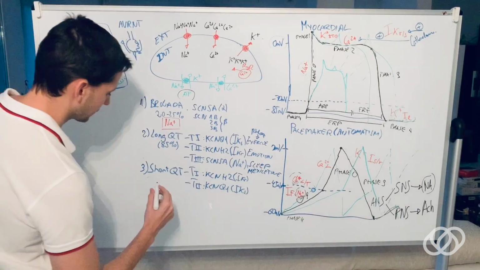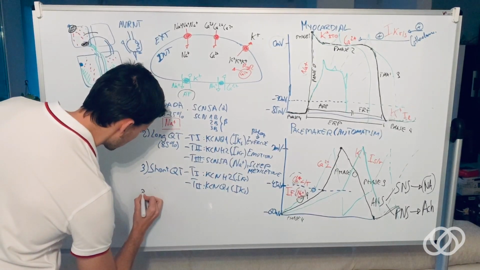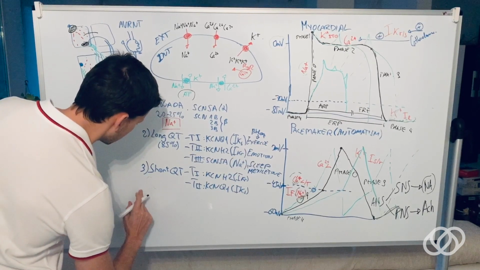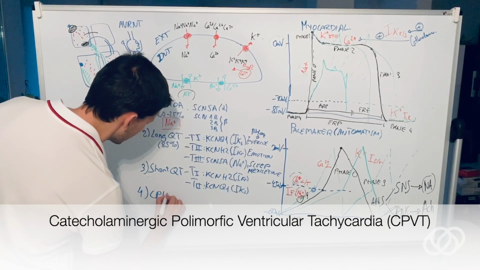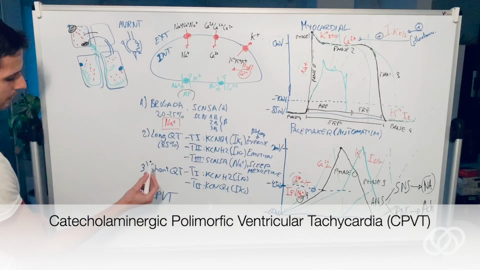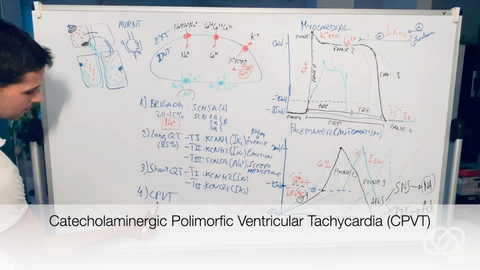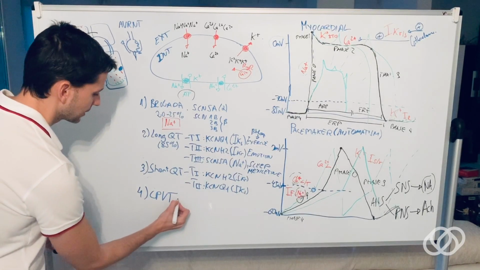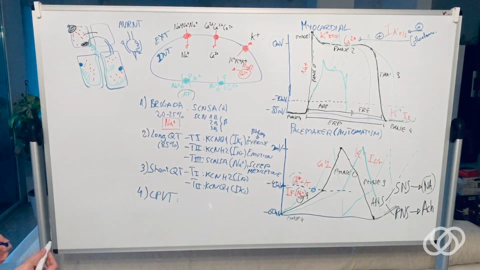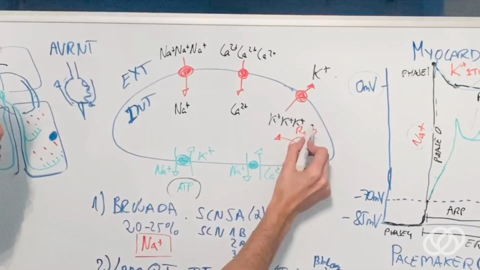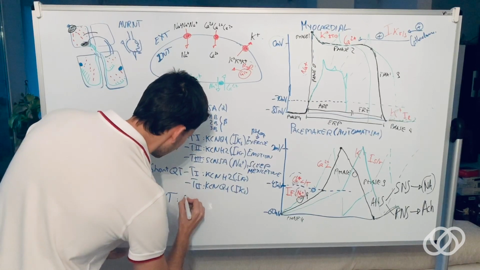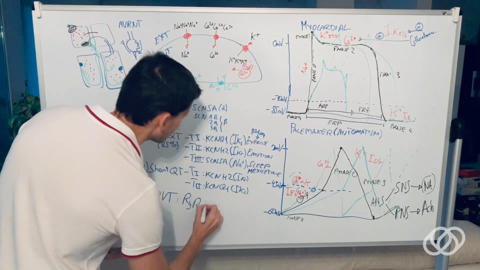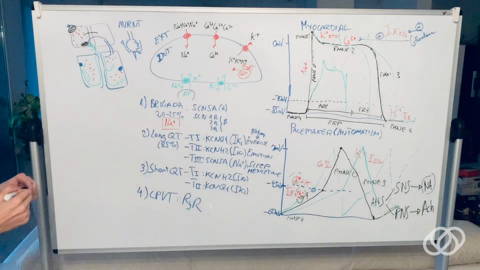Finally, we will talk a little bit about another syndrome that we have already mentioned, that is called the CPVT, catecholaminergic polymorphic ventricular tachycardia. Here is a problem in which a gene that codifies the ryanodine receptor that we have in the sarcoplasmic reticulum has a leak in calcium.